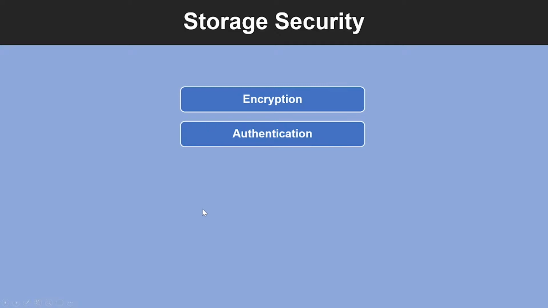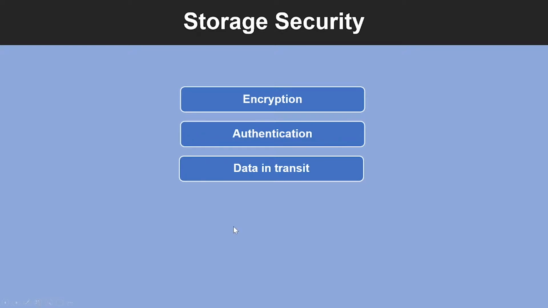Second security level is authentication. Azure Active Directory and role based access control are supported for Azure Storage for both resource management operations and data operations. Next is data in transit. Data can be secured in transit between an application and Azure by using client side encryption, HTTPS, or SMB 3.0.